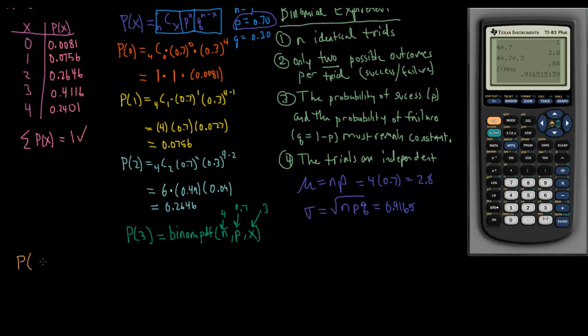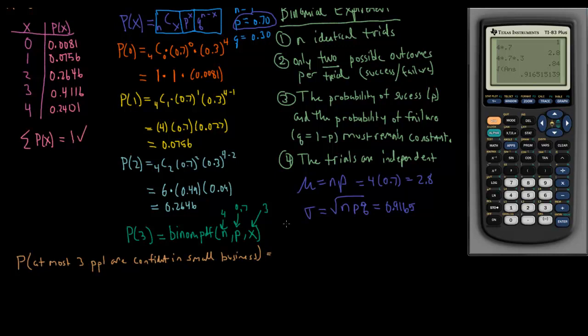Find the probability that, let's say, at most 3 people are confident in small business. At most 3.